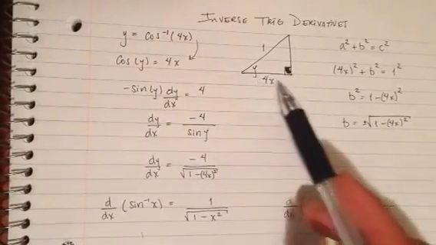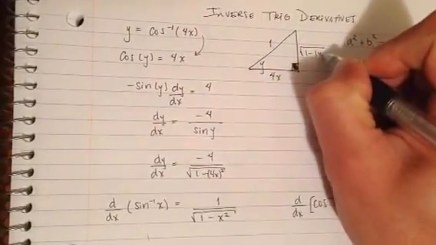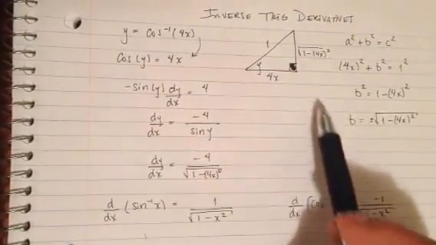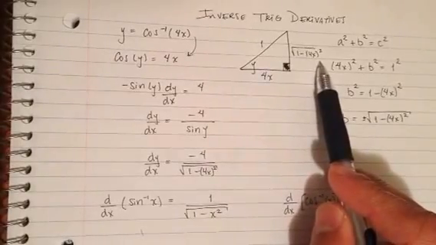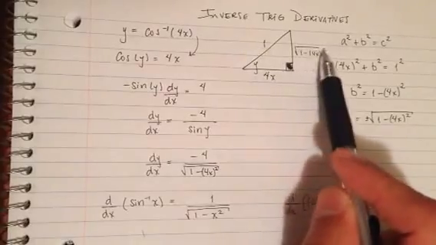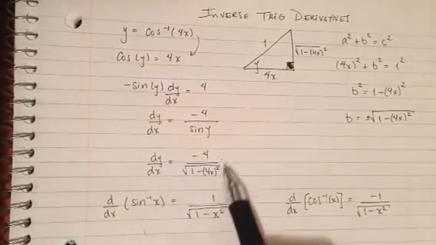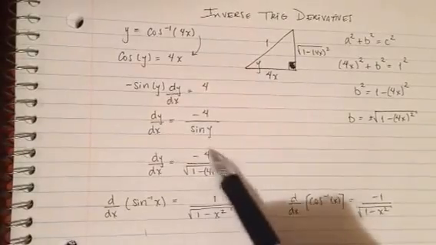We go back to our triangle, and we know that this side is the square root of 1 minus the quantity 4x squared. Sine is the opposite over the hypotenuse. So now it becomes clear. We use this right here, and this becomes the derivative.